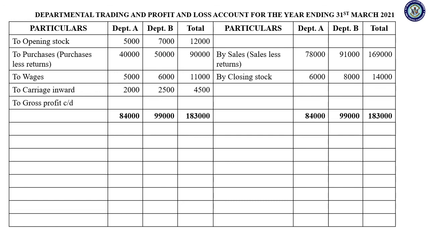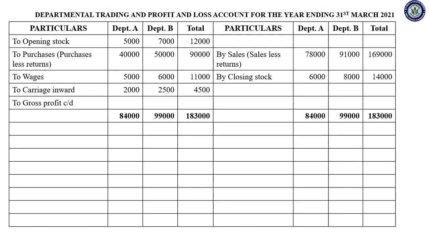The difference will be gross profit. So write to gross profit carried down. Now you find the difference. From 84,000, that is department A, you deduct the debit items: 5,000 that is opening stock, 40,000 that is purchase, 5,000 that is wages and 2,000 that is carriage inward. Similarly, you do it for department B and total.